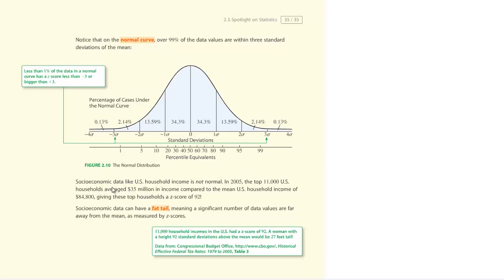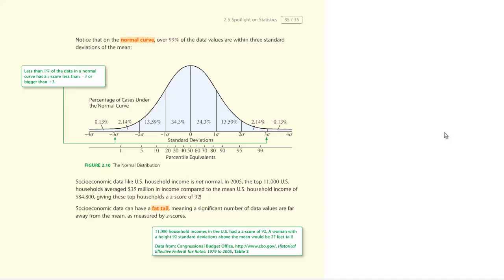So here's another example where we can use this to actually compare data. It says here that 11,000 household incomes in the US had a z-score of 9.2. That means they're way up here. A z-score of 9.2 means you're way, way up here, right? Here's the 99th percentile right here.